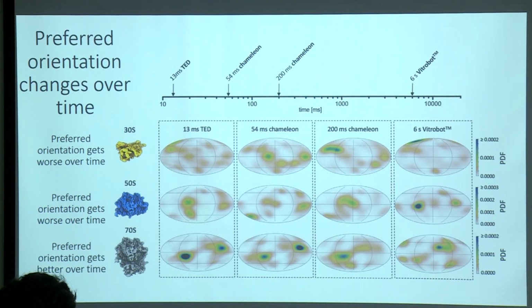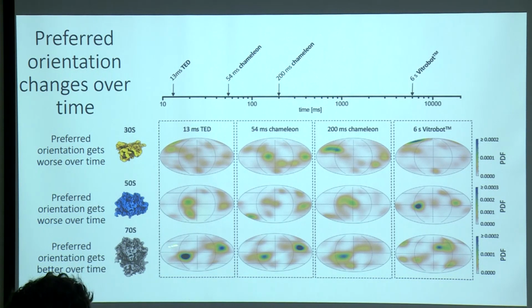And really interestingly, we see that for the 30S and the 50S ribosome, where you see these hot spots here, this indicates that we have essentially a strong preferred orientation, and when we see more of this diffuse red colour, that means we have more of an angular spread. So over time we can see more of these hotspots developing here, and again here we can see more of these hotspots appearing. So basically the longer it takes us to make our grids, for these two samples, the worse our angular orientation is getting.